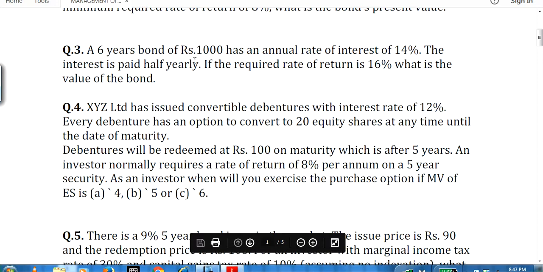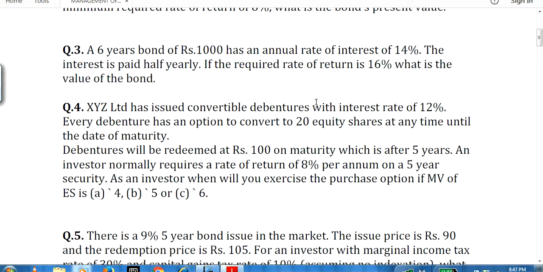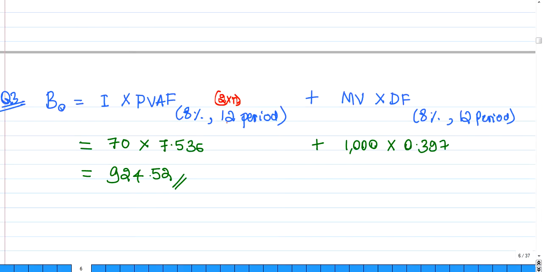A 6 years bond of 1,000 has an annual rate of interest 14%. The interest is paid half yearly, semi-annually. If the required rate of return is 16%, what is the value of the bond? In case of semi-annual payment, you have to see 2 into n. How many years? 6 years. So 2 into 6, it will come to 12 periods.